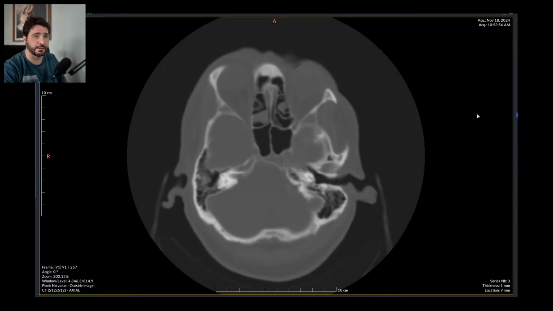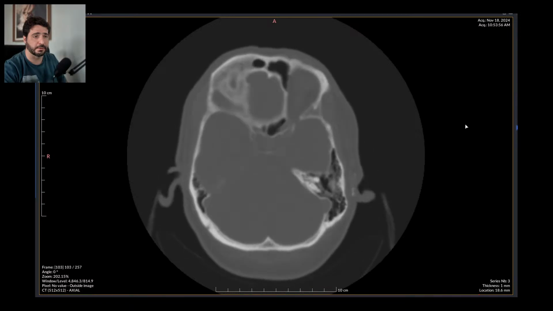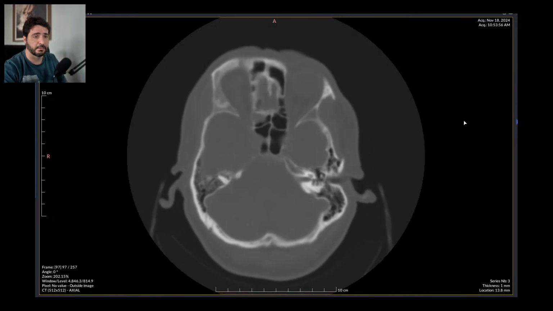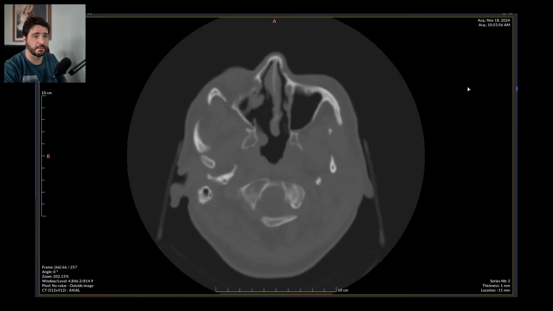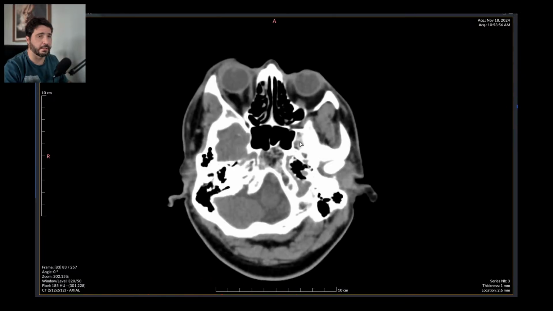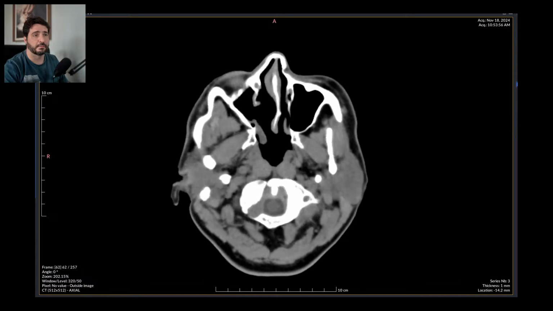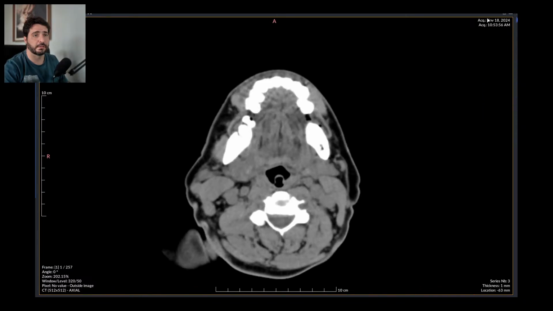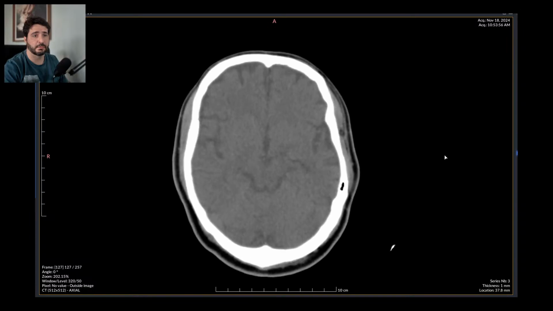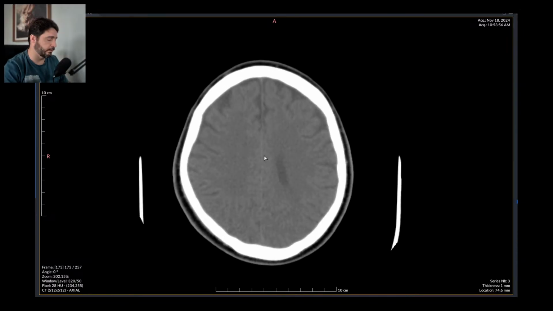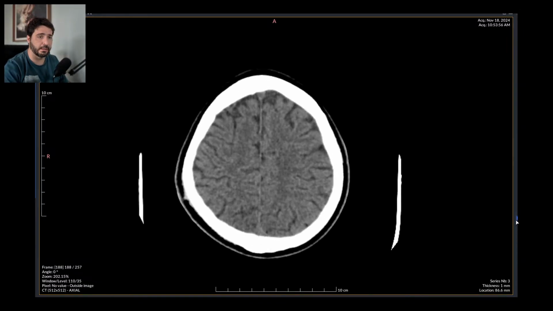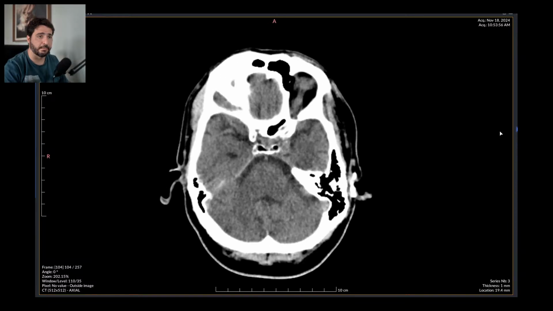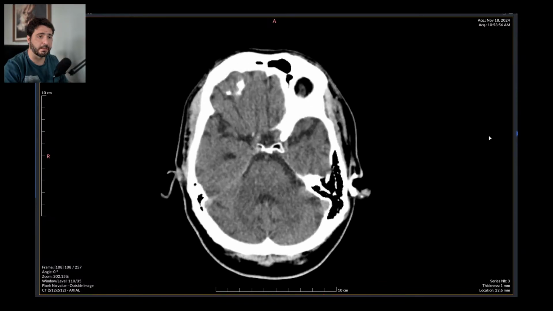This is also a shaky, malpositioned exam. So indeed, this might be just yet another case of someone who fell from his motorcycle, crashed his skull on the road, had a major brain injury, and later on became epileptic due to brain scars.